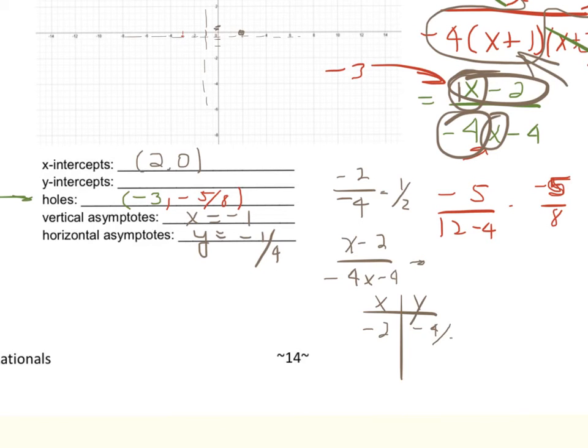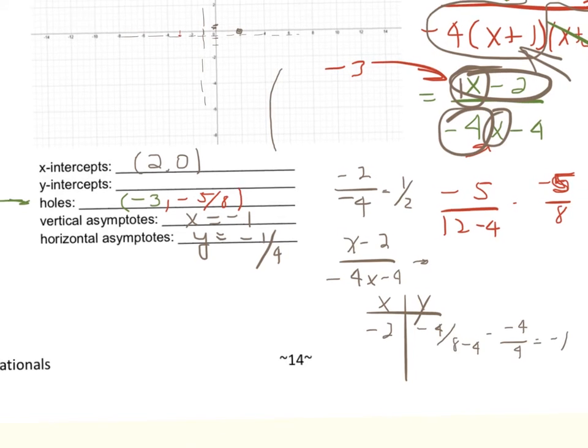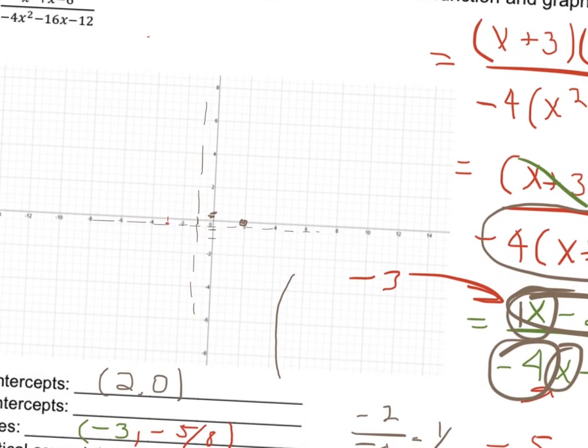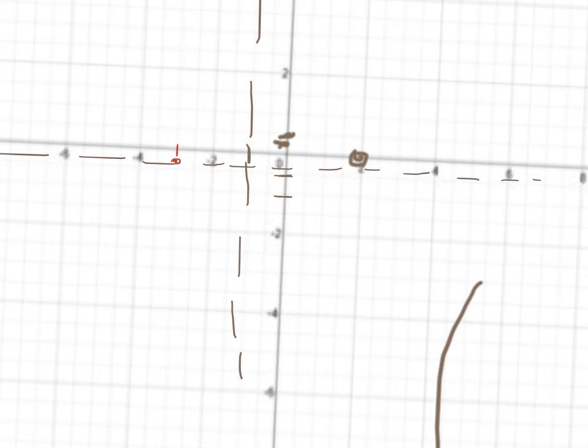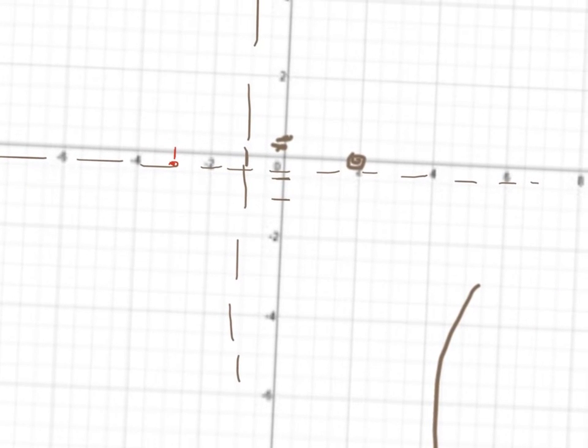I get 8 minus 4 on the bottom. Negative 4 over 4, I get negative 1. So when x is negative 2, y is negative 1. So (negative 2, negative 1) will be right about there.